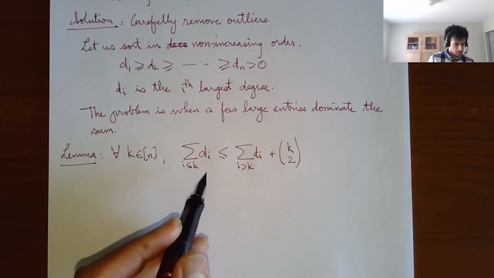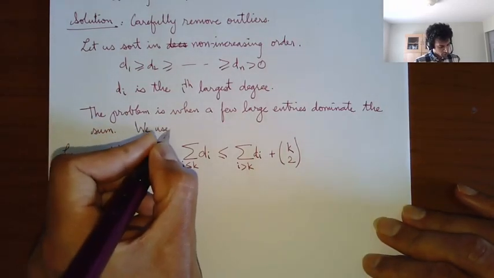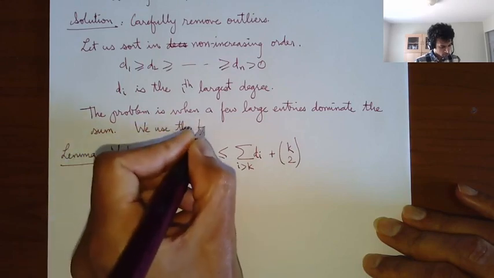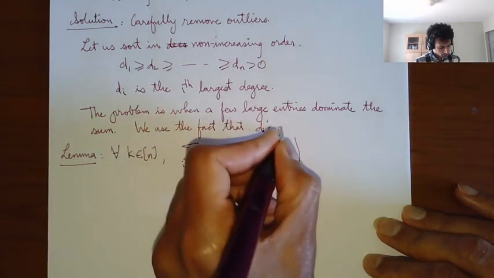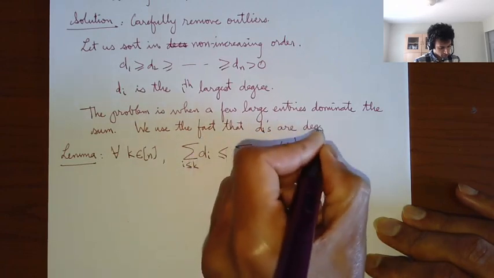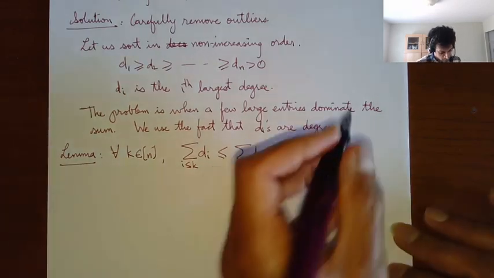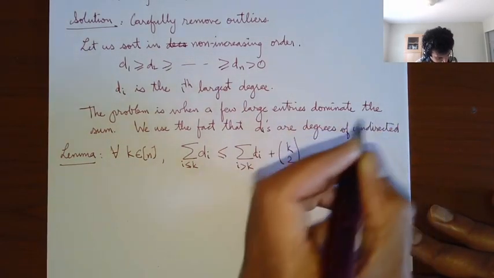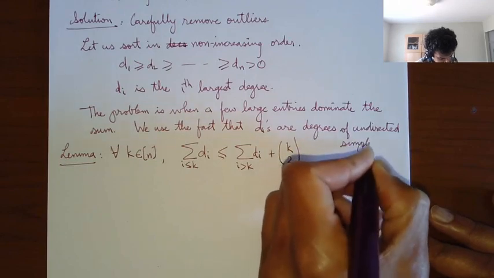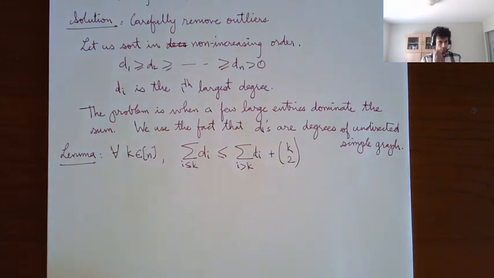Okay, I'm just saying the sum, and this is where we use the fact that the di's are degrees. Remember, we said the degrees are actually degrees of an undirected simple graph.